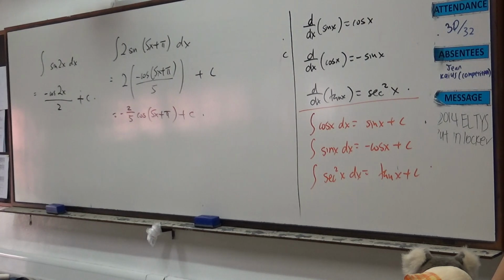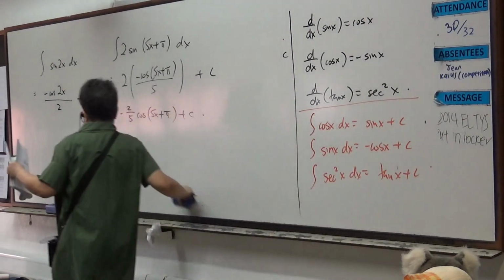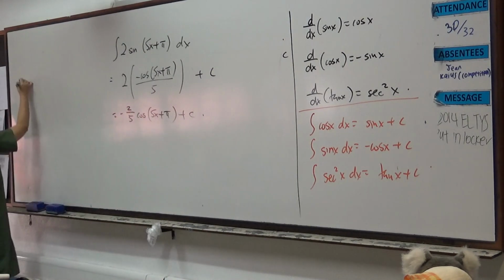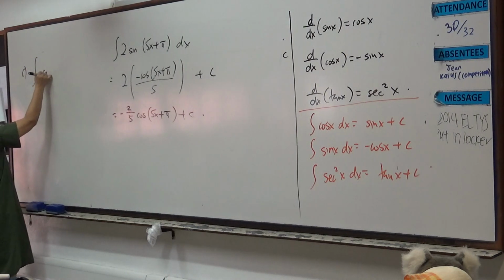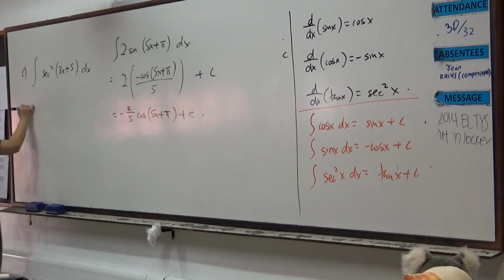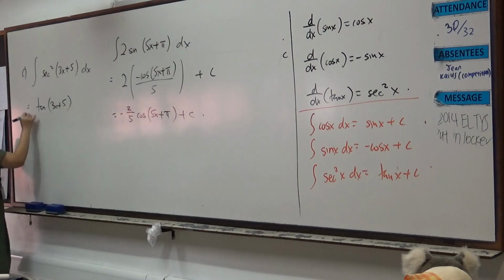Can see now, right? Okay. Then we look at part C. When I integrate secant squared, I will get what? Tangent 3x plus 5, right? Divide by what? 3.